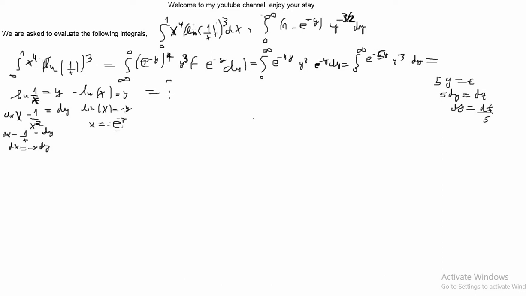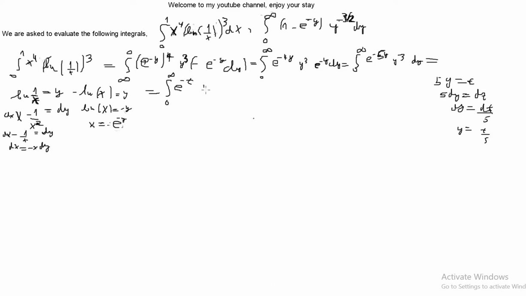So our boundaries don't change. If we put 0, it's 0. If we put infinity, it's infinity. So it stays the same. We replace 5y with t, so we get e to the negative t. Y, we need to solve for y. So y equals t over 5.